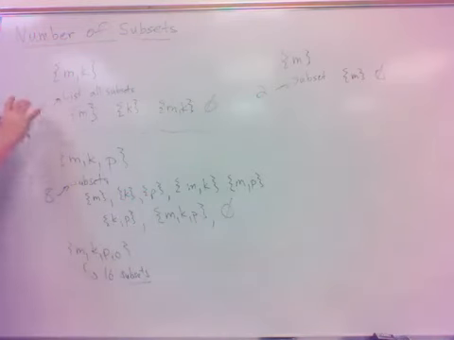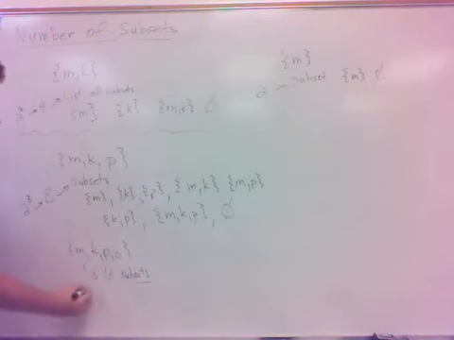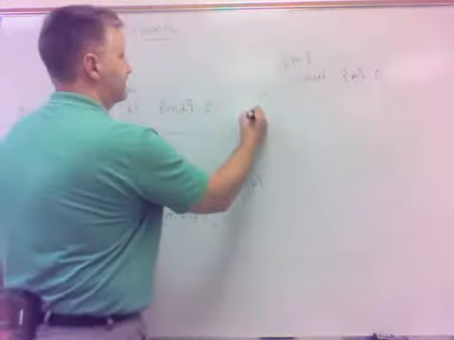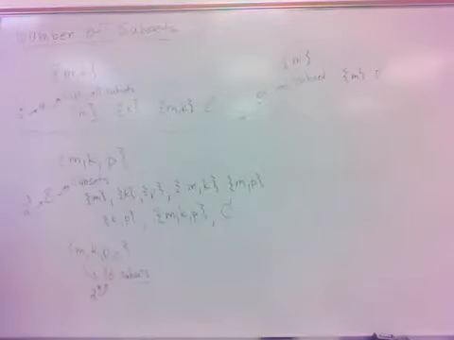4 is 2 squared. 8 is 2 cubed. 2 times 2 times 2. 16 is 2 to the 4th, and even 2 is 2 to the 1st. Yeah. The number of subsets is always a power of 2. Always a power of 2. So I asked you how many subsets. You know it's a power of 2. But there's another little connection here.